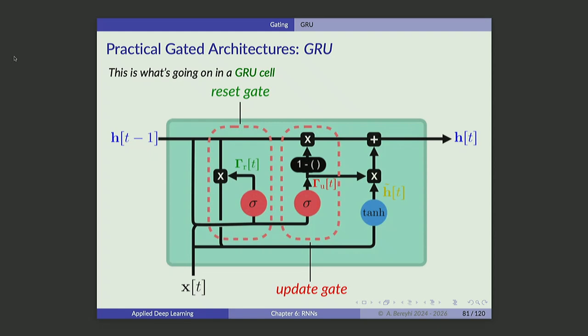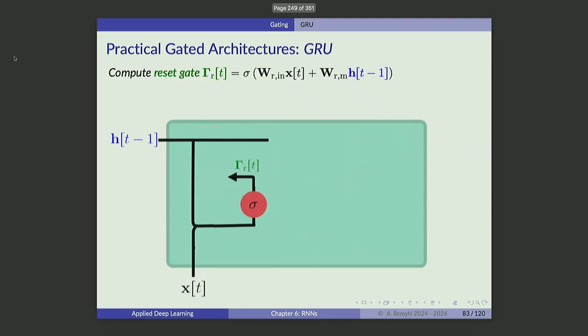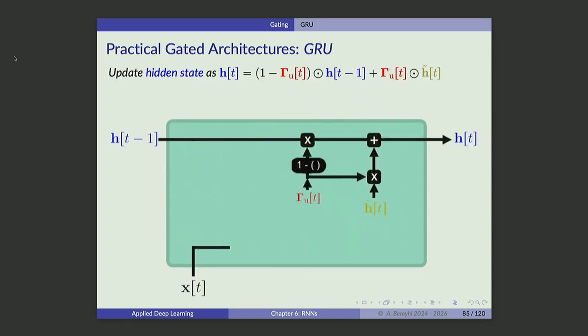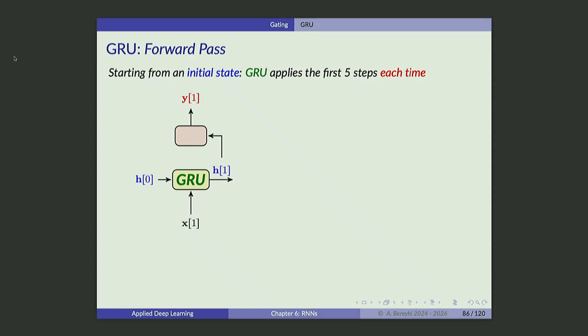No question? Okay, great. If you want to think about the GRU, then you have the GRU only here in the hidden state. This is the process happening in the hidden state.